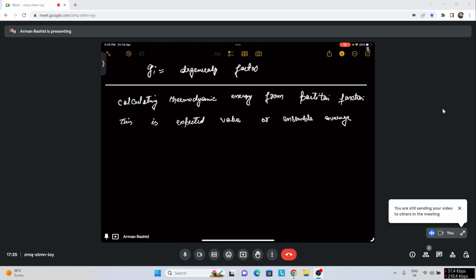As I told you before, we create an ensemble because an ensemble creates almost all the states that are possible in a system.